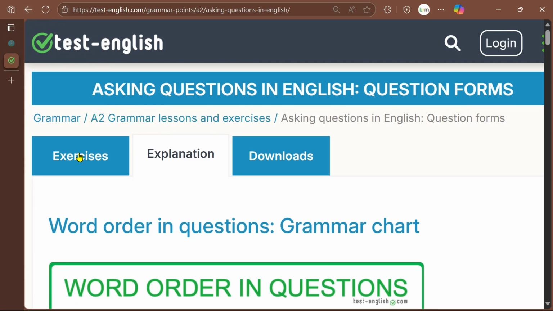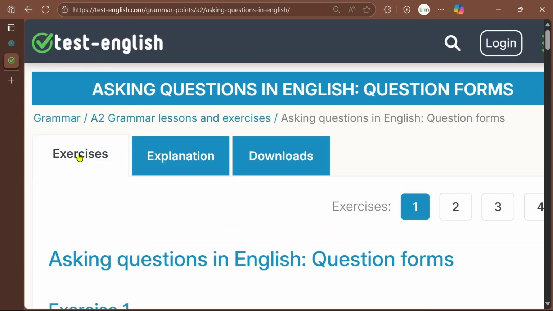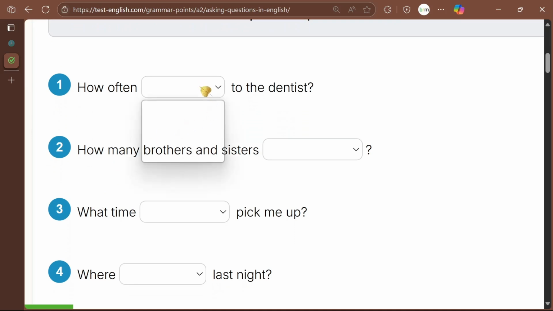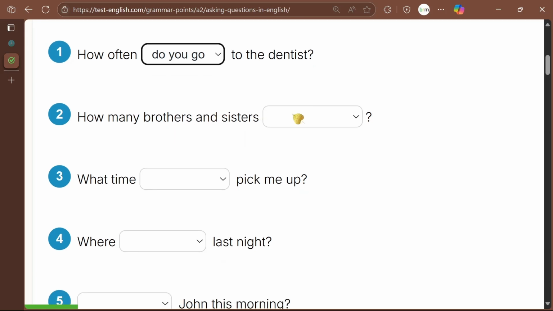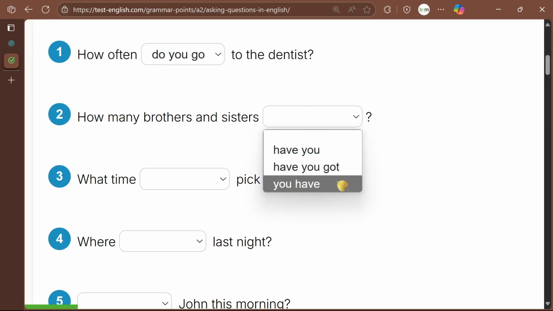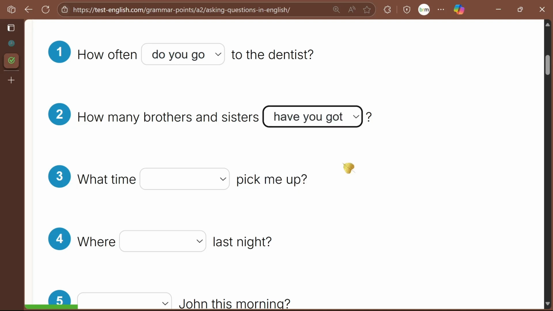Then you can come yourselves over here to the exercises. Paviveka, you come to exercises and answer the questions here. How often do you go to the dentist? How many brothers and sisters have you got?